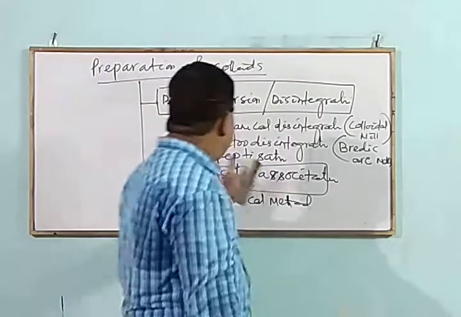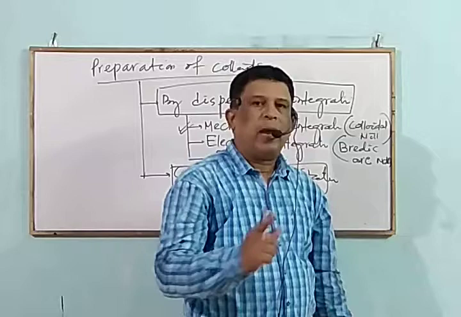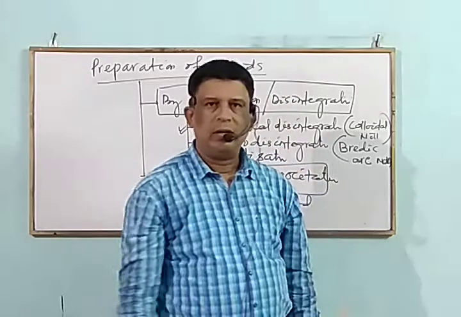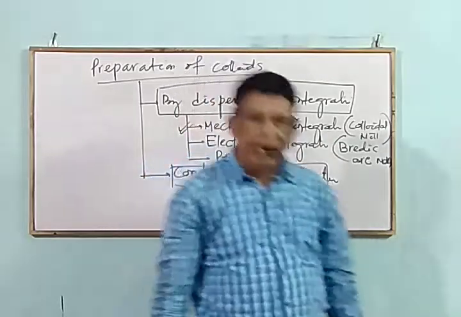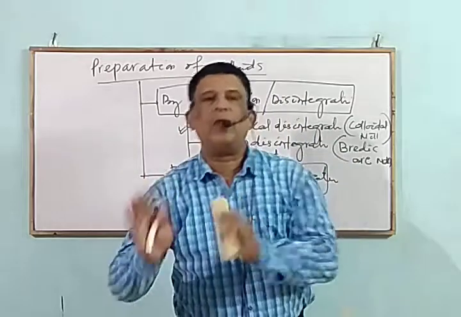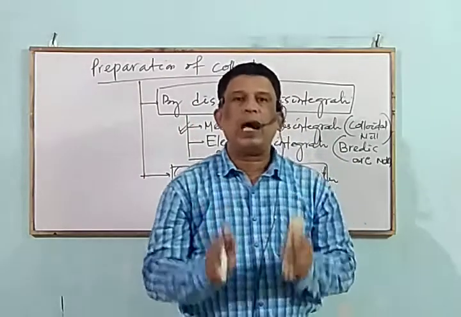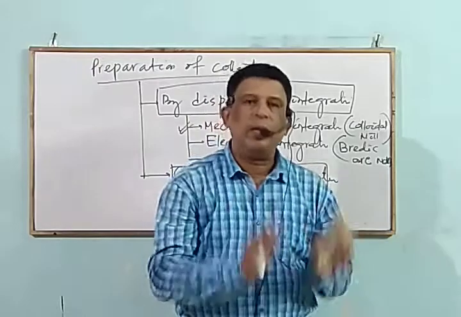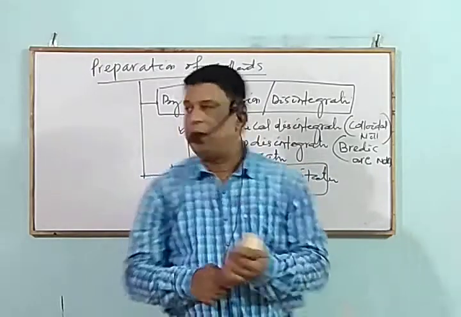Next one is electro disintegration by the Bredig arc method. This method is meant for the preparation of colloids of negative charge, for metal sulfides. What happens? Mark that.